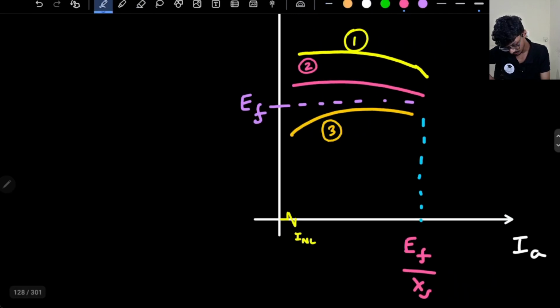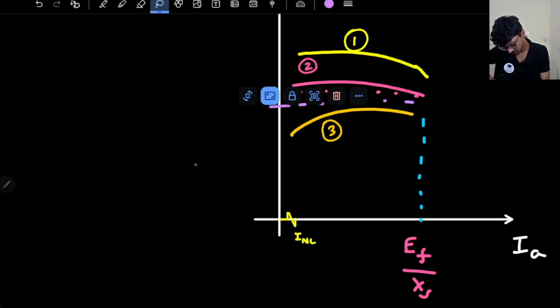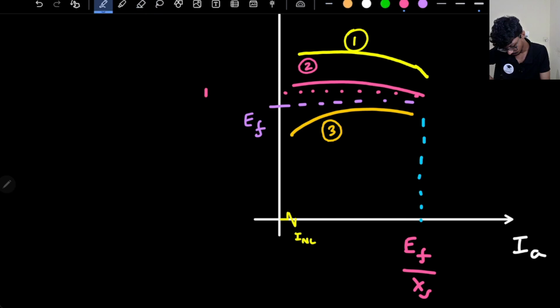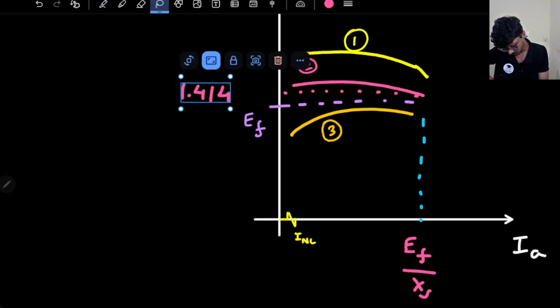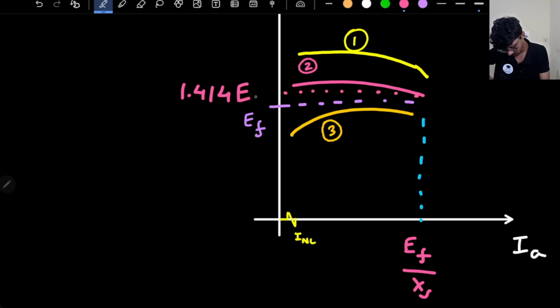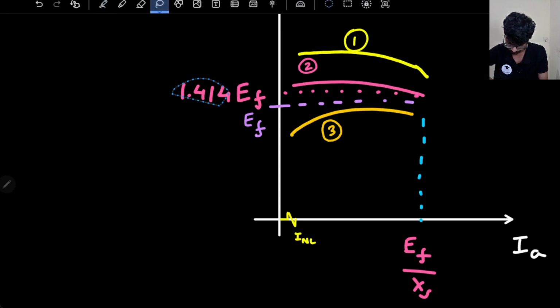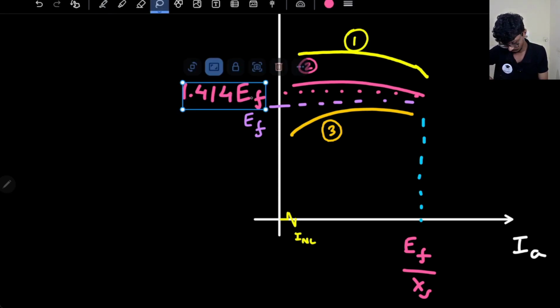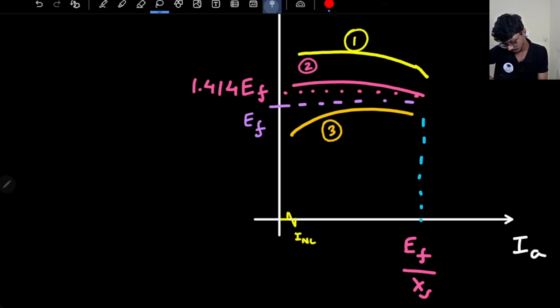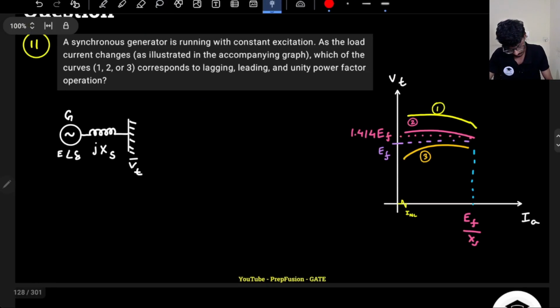And let me mark out another point, which is 1.414 Ef. That's it basically. So now can you tell me which one will be the unity power factor?